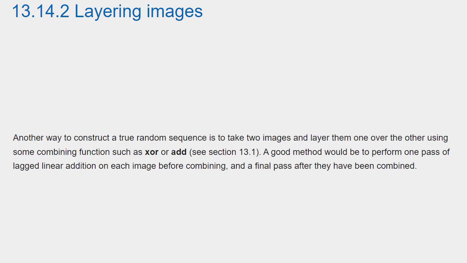Section 13.14.2. Layering images. Another way to construct a true random sequence is to take two images and layer them one over the other using some combining function such as XOR or add, see section 13.1. A good method would be to perform one pass of lagged linear addition on each image before combining, and a final pass after they have been combined.